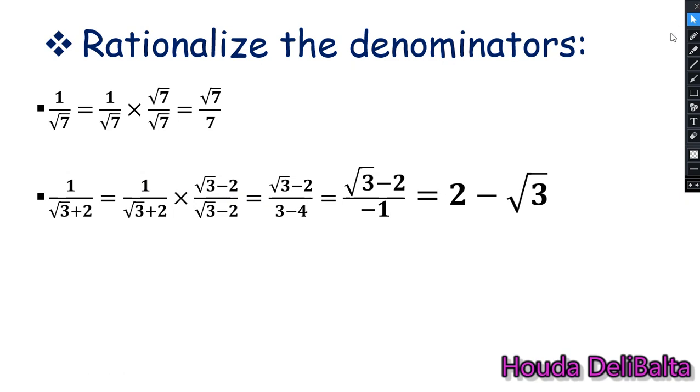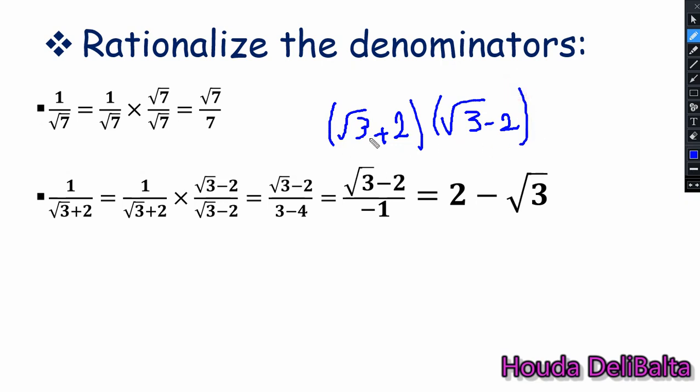Now multiplying radical 3 plus 2 by radical 3 minus 2, I use the identity of the difference of two squares, which says I have to square the first, which is radical 3 squared, minus squaring the second, which is 2 squared, and thus I get 3 minus 4, which is minus 1.